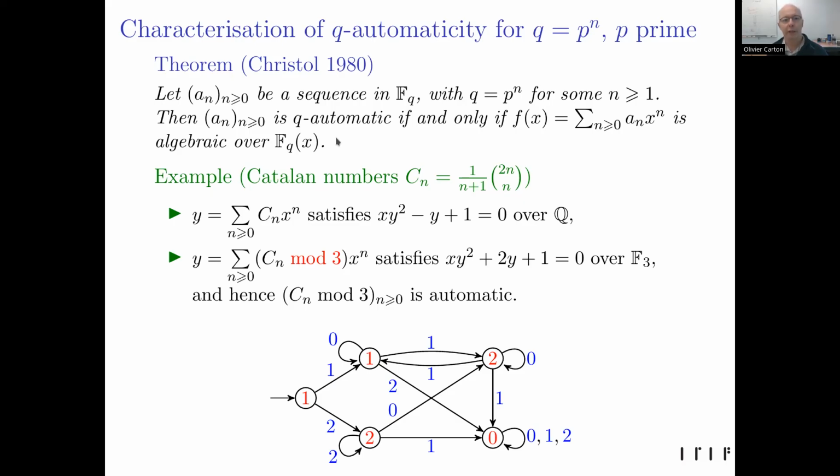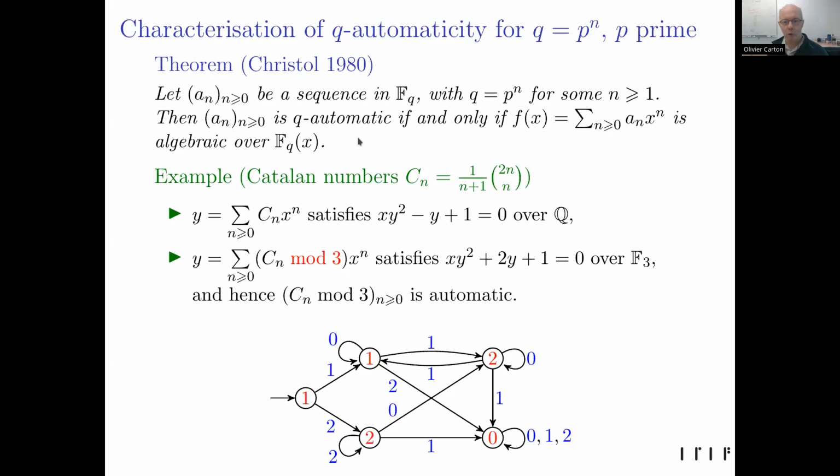This is a really nice theorem because it relates the notion of being algebraic, so really an algebraic notion, with the notion of computability, model of computation, here automata with output. So it's really a nice theorem.